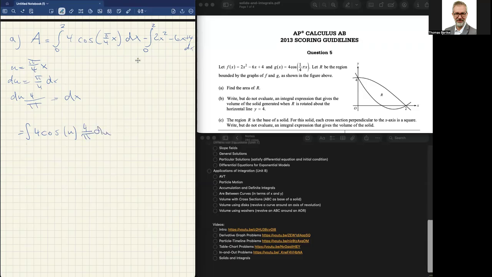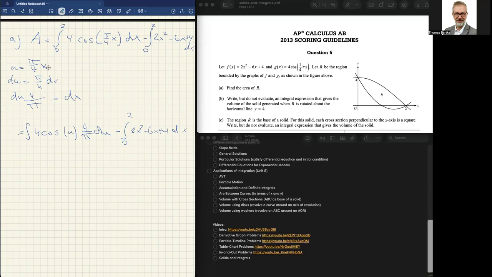And let's just keep the equal sign going here. So I'm just going to keep the second integral here from 0 to 2 of 2x squared minus 6x plus 4 dx, like so.